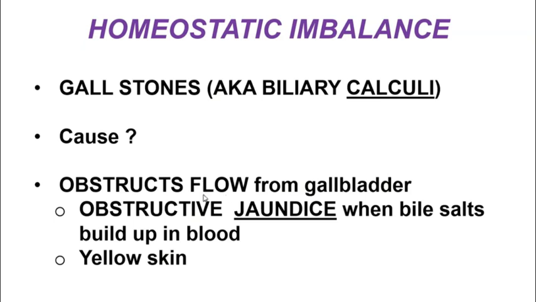These tend to obstruct flow from the gallbladder, and it leads to a condition called obstructive jaundice, when bile salts tend to build up in the blood because they are being released into the blood but not being picked back up. And one of the signs of obstructive jaundice is typically a yellowing of the skin.